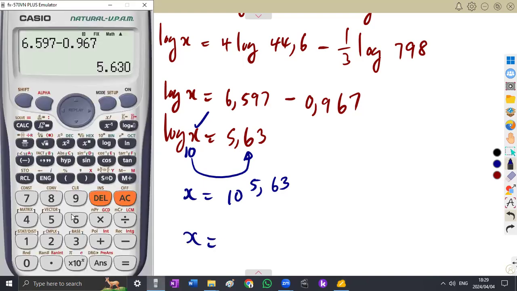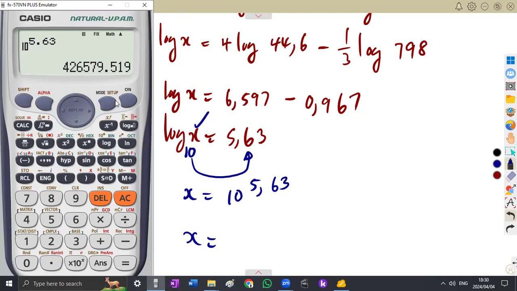Meaning to say 10 to the exponent of the answer, or simply here on your calculator, on top of the log, shift 10 to the exponent of, it's one and the same thing. So shift 10 to the exponent of 5,63. What are we going to have?